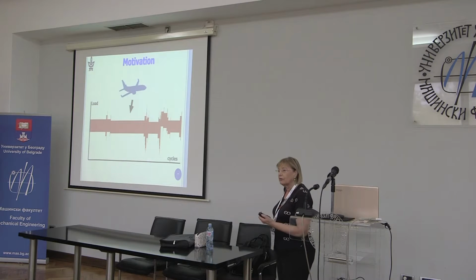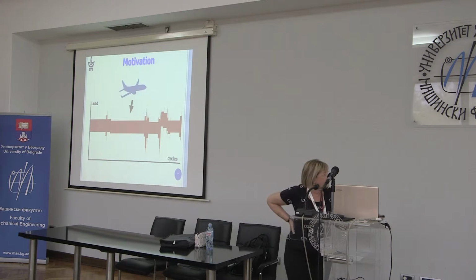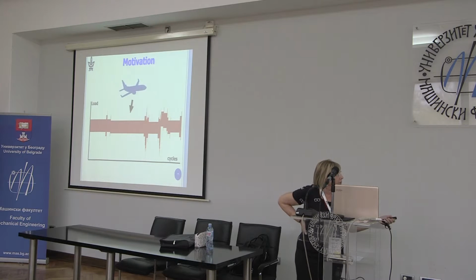So aircraft industries have spectra of the kinds of loads that they expect their aircraft to sustain. And what they do is they put them in blocks. So here I have a load, I have maximum and minimum, and I have a number of cycles that I would like to say that the plane will endure. I don't use the spectrum, I form it into blocks.